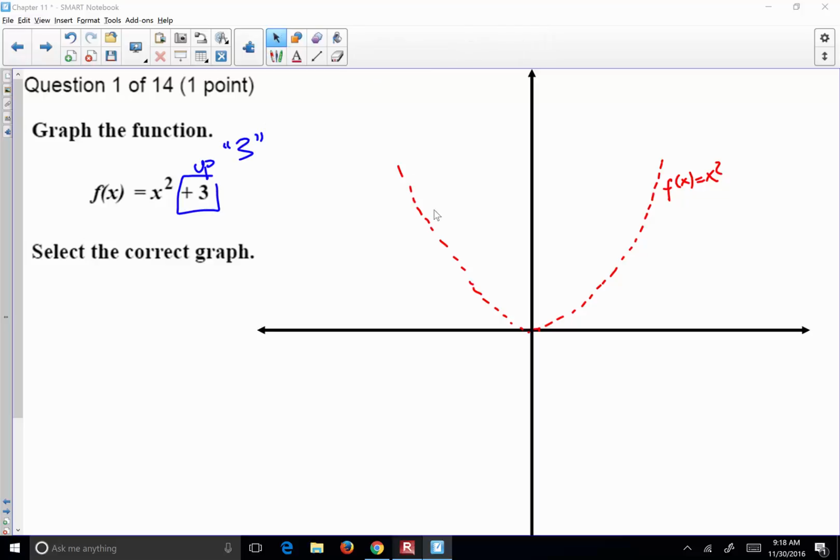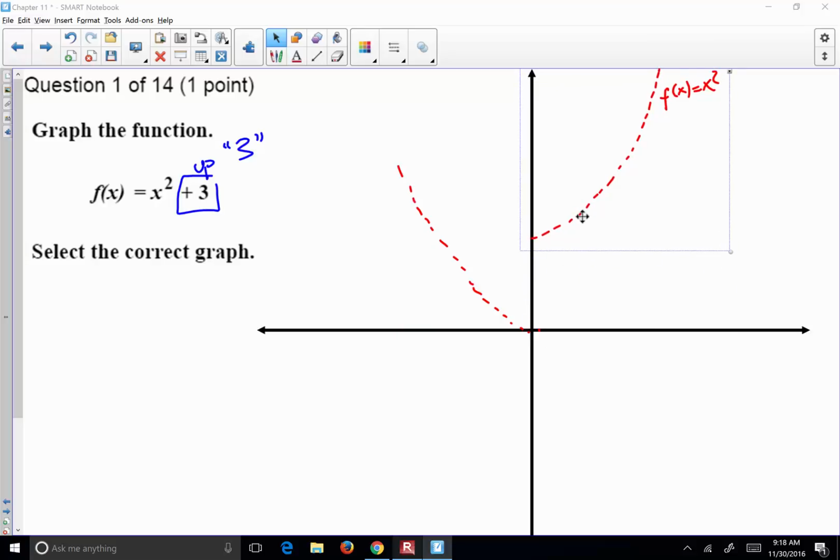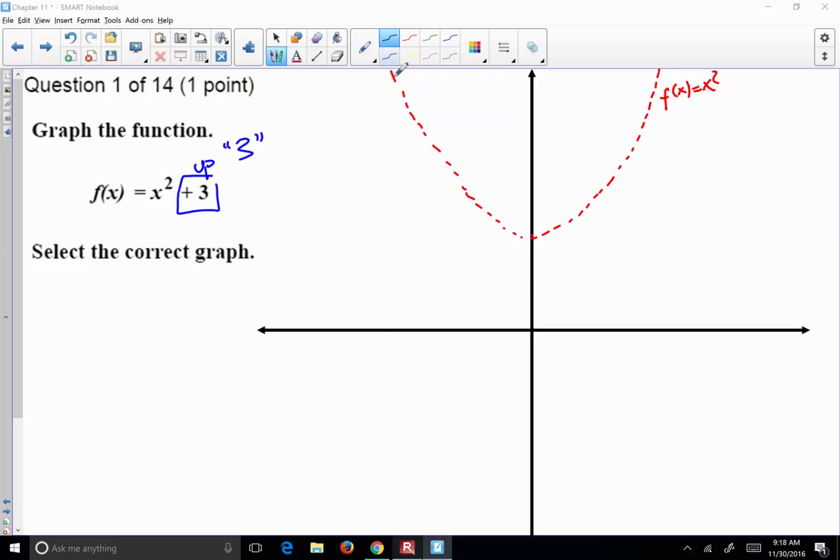So all you need to do is take this and that, move 3 up. 1, 2, 3. 1, 2, 3, and make the new graph. It used to be at 0, now it's at 3. Okay? There you go. You're done.